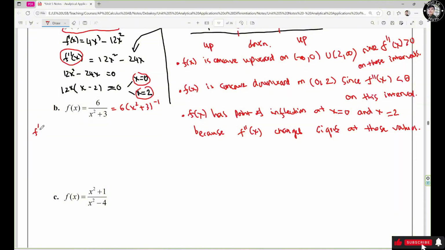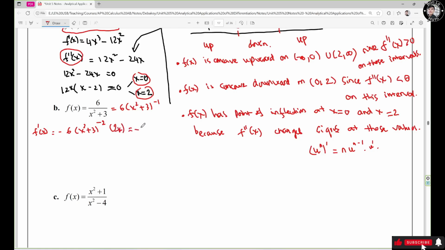So I have f prime of x is going to be negative 6 times (x squared plus 3) to the power of negative 2, and then times 2x. You need to use the formula: the derivative of u to the n is n times u to the n minus 1 times u prime. So this one turns out to be 2x.